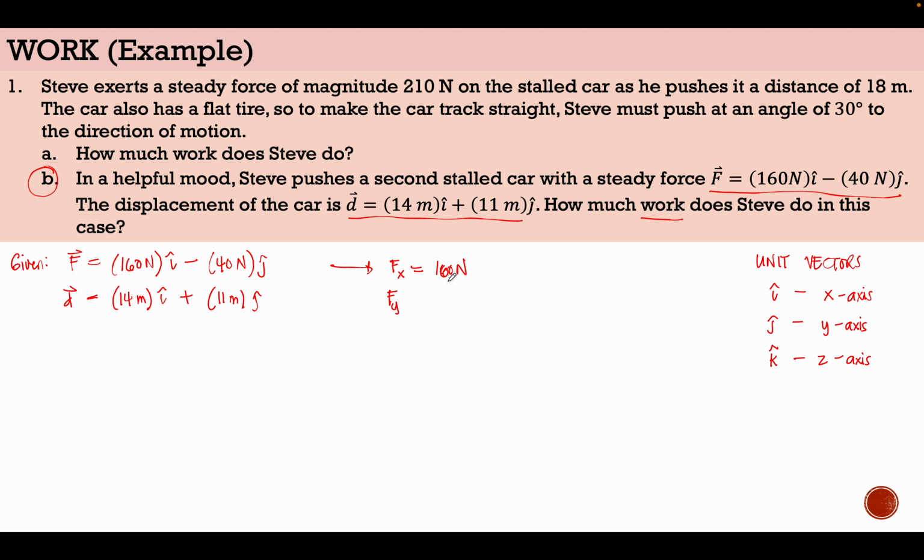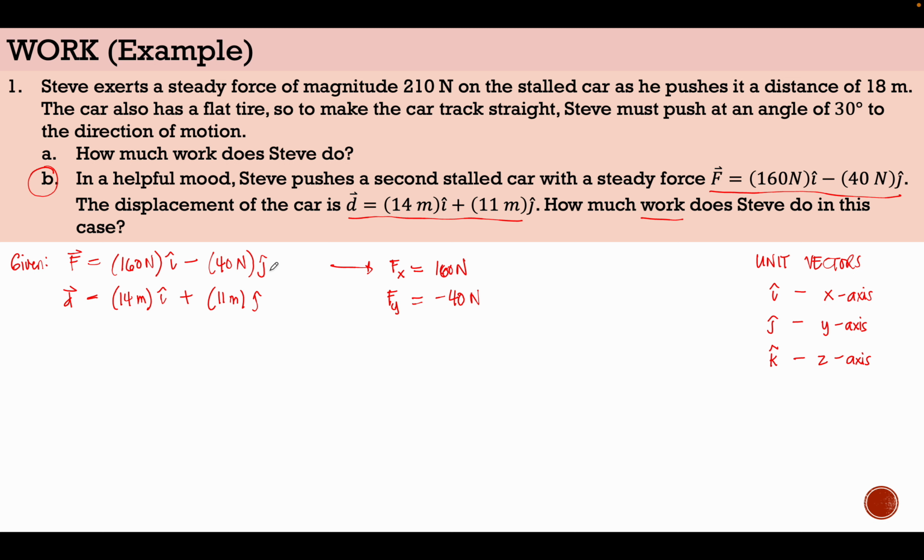For our F sub y, we have negative 40 newtons, from the negative 40 newtons j hat. It means we have a magnitude of 40 newtons on the negative y-axis.